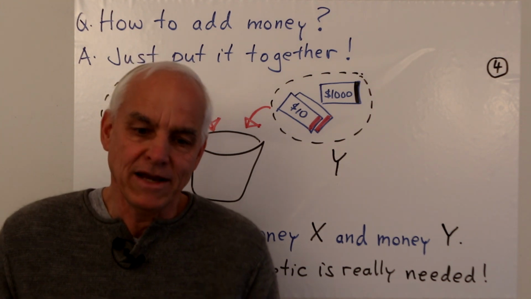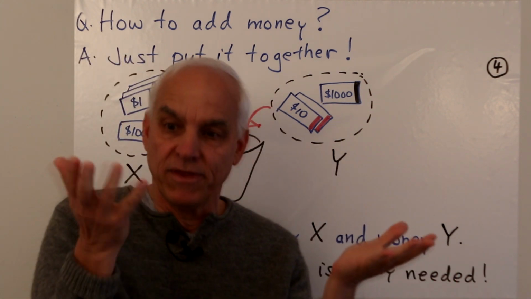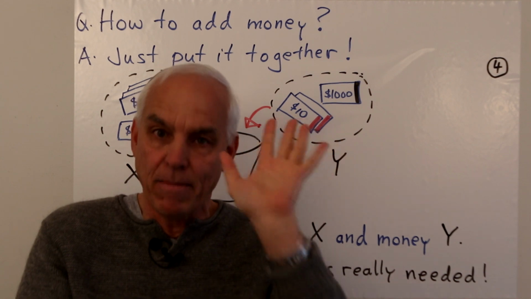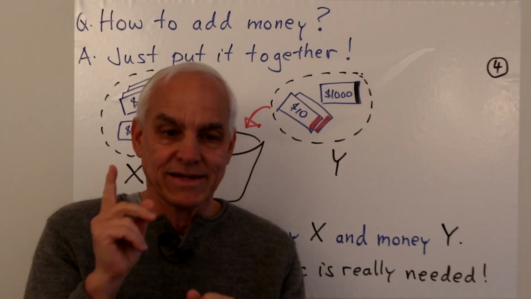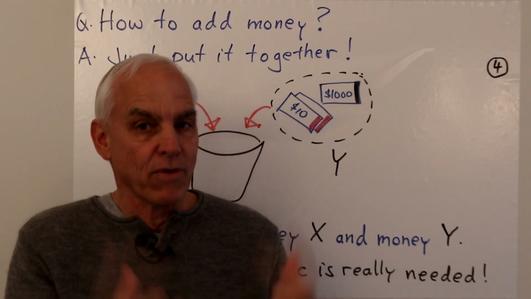Okay, we don't need to be experts in arithmetic to combine this amount of money with this amount of money. We just go bang. There you go, we've added the money. Okay, that's interesting. It's subtly but importantly different from doing ordinary arithmetic.